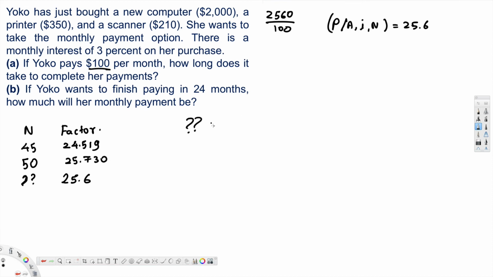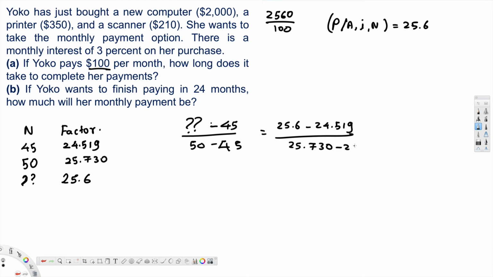So let's put it as question mark minus 45, divided by 50 minus 45, is equal to 25.6 minus 24.519 over 25.730 minus 24.519.